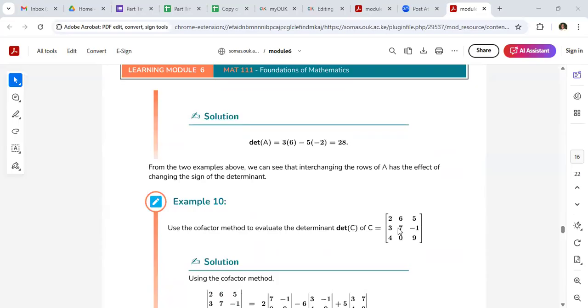Now, taking this example, we need to first of all fix a row. And your choice of row should be that row that has many zeros. Let me complicate it a bit, because this has been computed with fixing row 1.